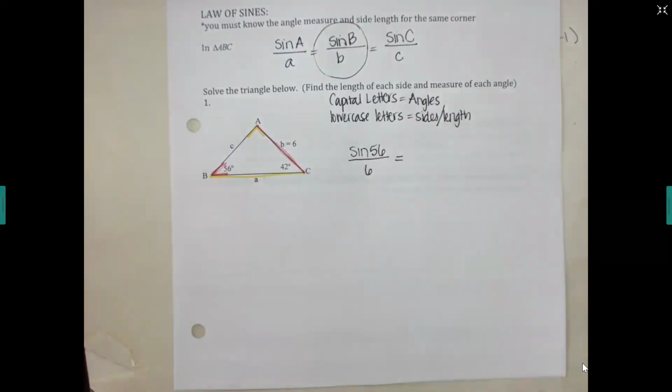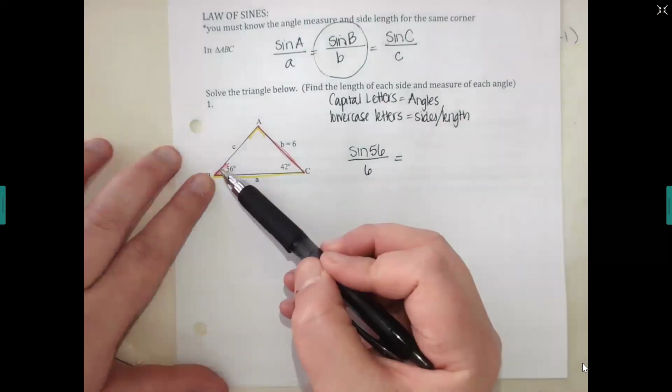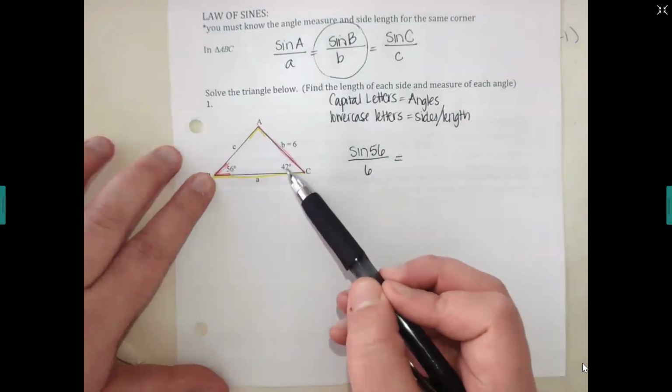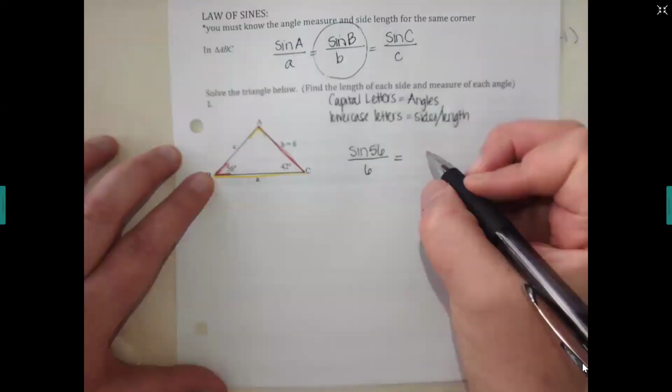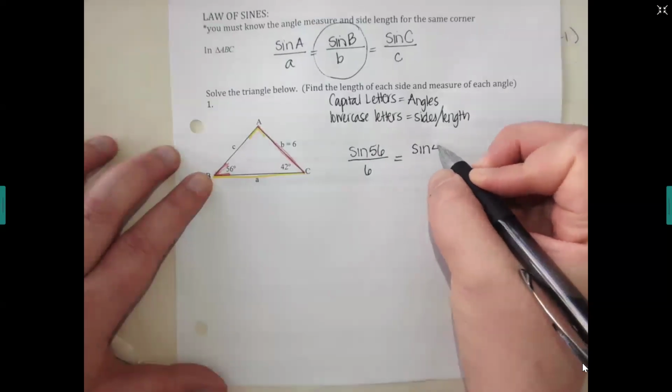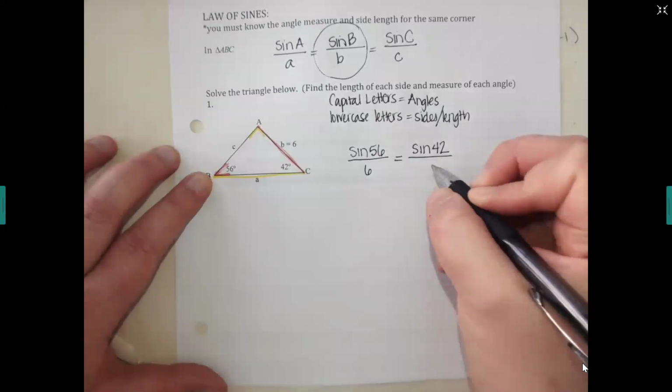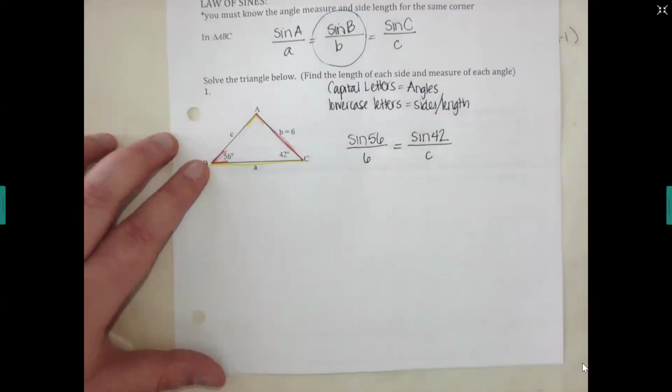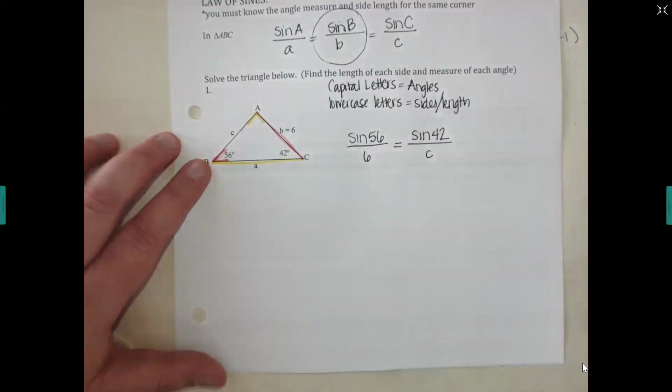I don't have to have both, but I have to have one of them. Remember that for A, I didn't have either one. But for C, what do I have? Side c or angle C? Angle C. So I'm going to do sine 42 over c. Notice I'm using the little c because that's referring to a side length. Capital C would refer to an angle.